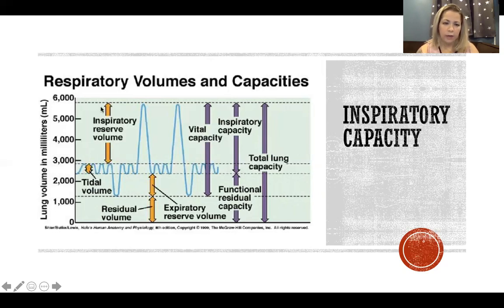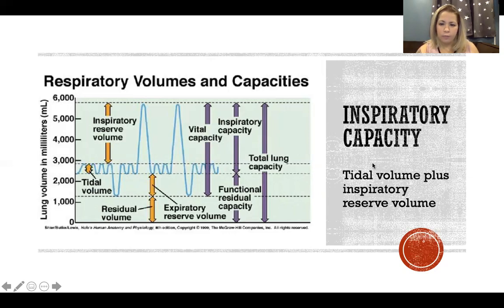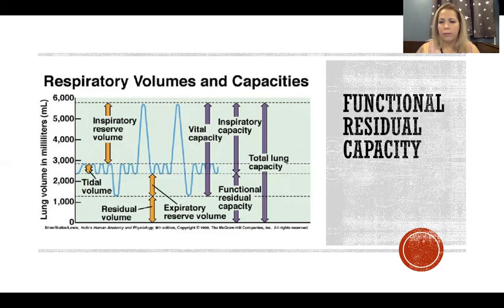If we add those together, that's the total amount that we are able to breathe in from the bottom of our tidal breathing, so from just a casual light exhale, not from pushing out all of our air.